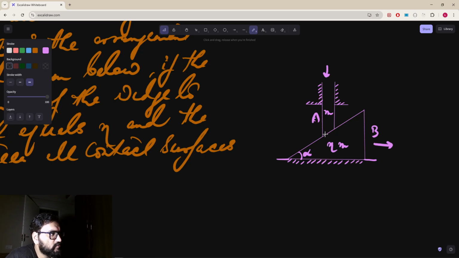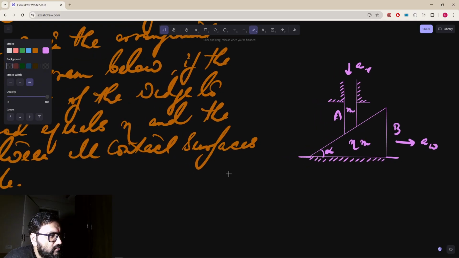So let's assume that the rod moves down with an acceleration of AR and the wedge B moves right with an acceleration of AW.